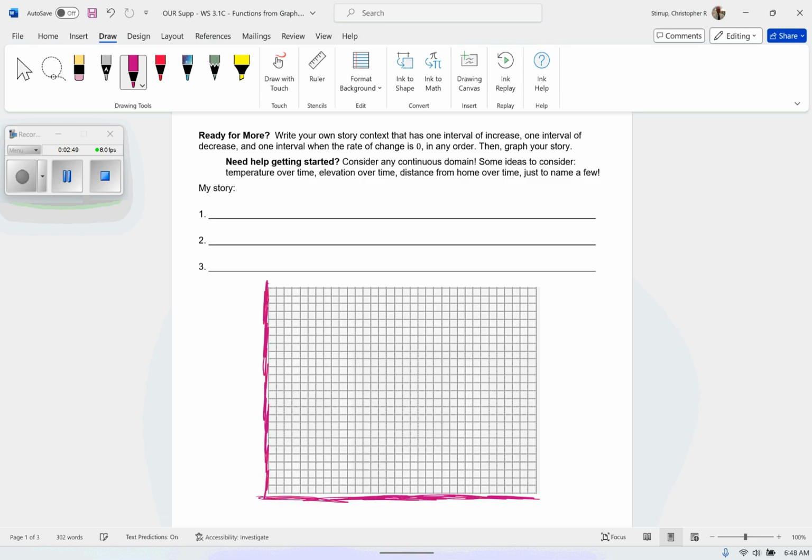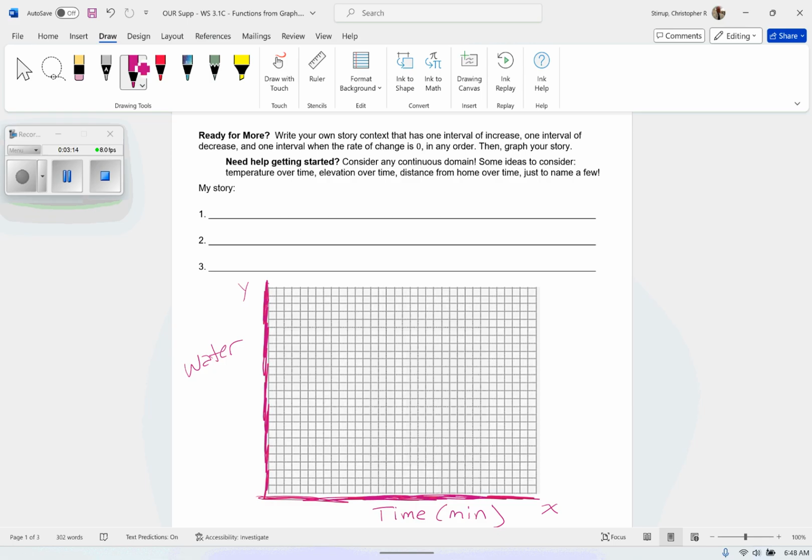We'll call our x-axis time, maybe time in minutes. And then maybe we'll call the y-axis water. So we're kind of making up a little story.